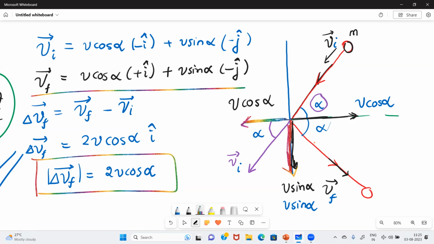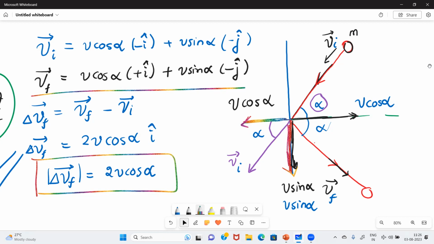So, I want to find the change in velocity. Change in velocity is final velocity minus initial. What is change in velocity?